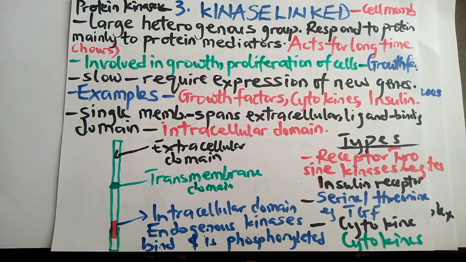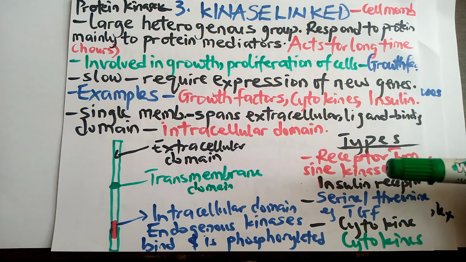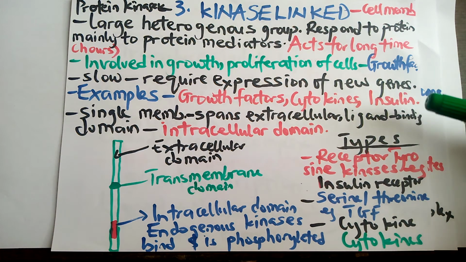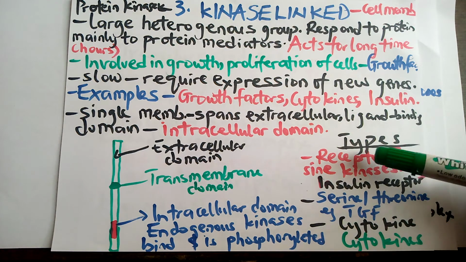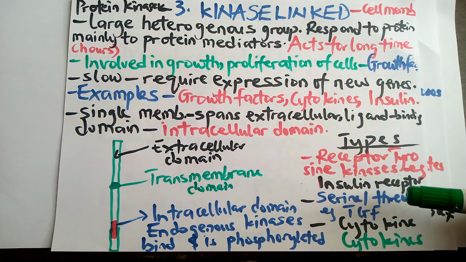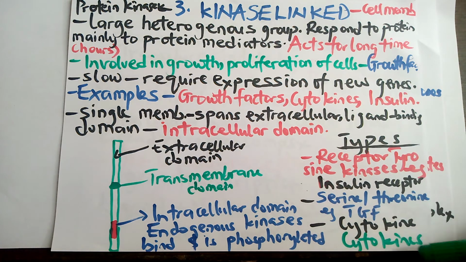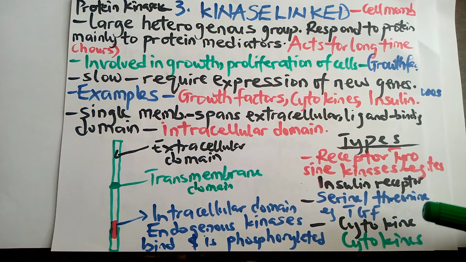When they bind, they are phosphorylated, and after phosphorylation, that leads to gene expression. The types of kinase-linked receptors are the tyrosine receptor kinases, for example the insulin receptor; the serine or threonine kinase-linked receptor, TGF; and the cytokine kinase-linked receptors.